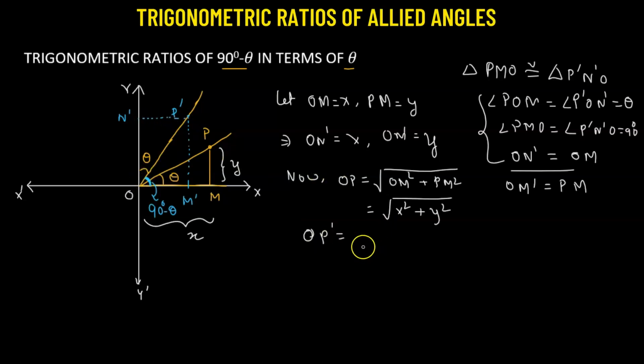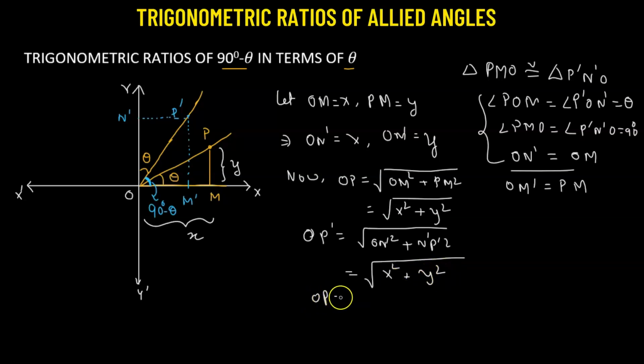So here we have the square root of ON prime squared plus N prime P prime squared, which equals the square root of X squared plus N prime P prime squared. N prime P prime is OM prime, which equals Y, so Y squared. So here we can say that OP will be equal to OP prime, which is the square root of X squared plus Y squared. So let's denote it by R, since they're equal to each other.